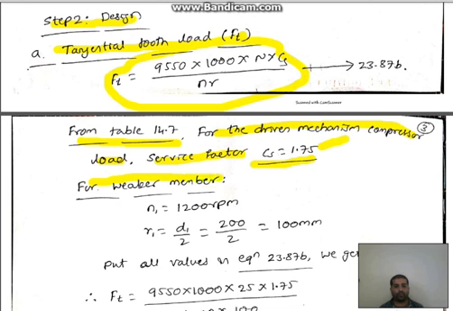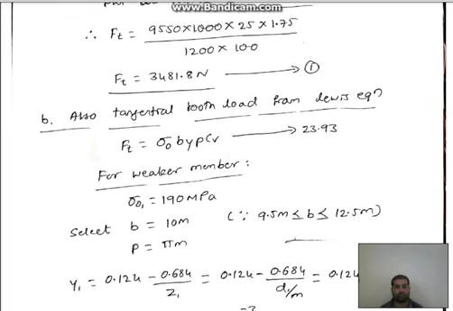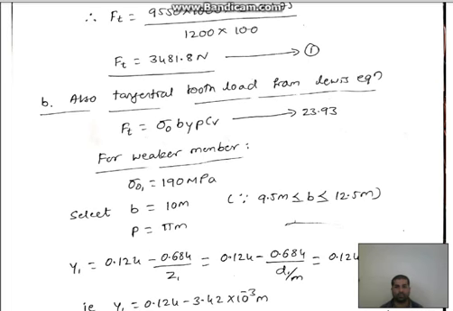For the weaker member, N1 value is given, R1 value is calculated. Put all the values in the equation number 23.87b. The value of Ft is 3481.8 Newton. That is the equation number 1.